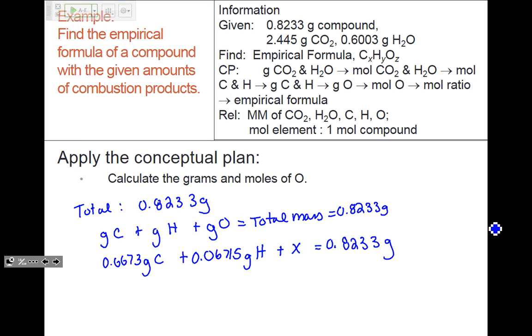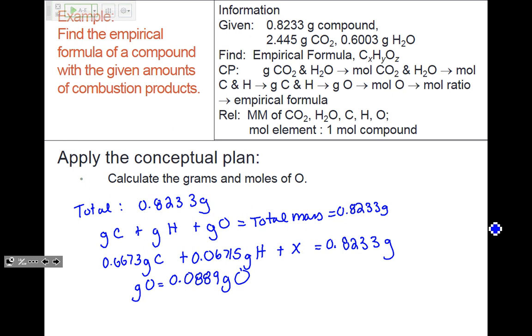So that comes out to 0.0889 grams. That's just our total grams carbon plus our total grams hydrogen subtracted from our total grams that we started with.